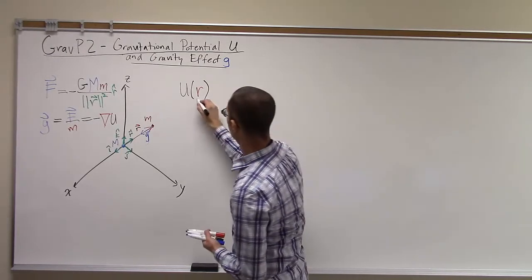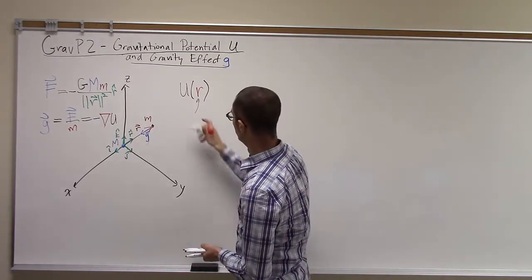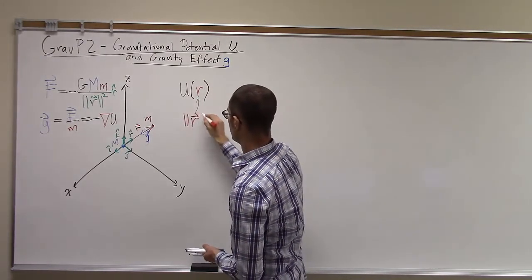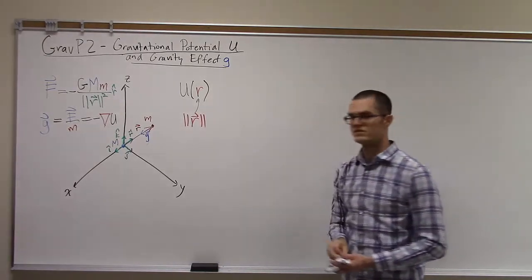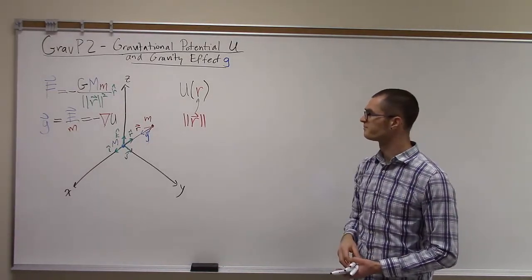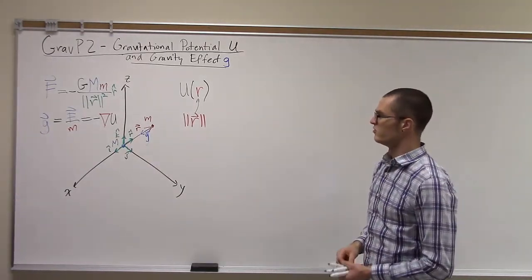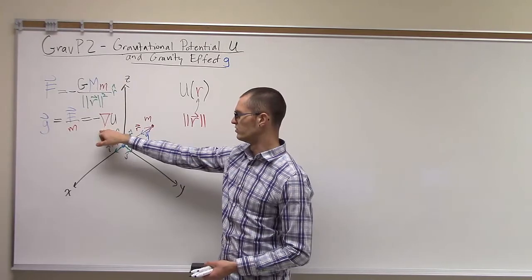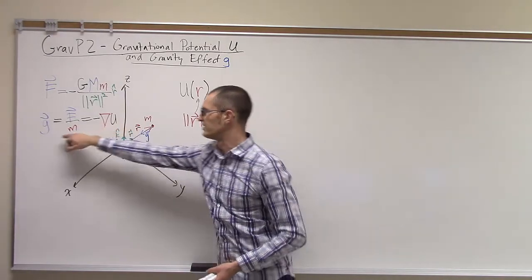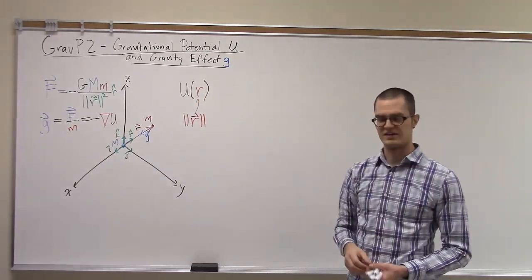So here, this r is equal to the magnitude of the r vector, so the distance from the origin, the distance from this mass right here. So based on this definition, U is, we have this gradient, and that gives us g.